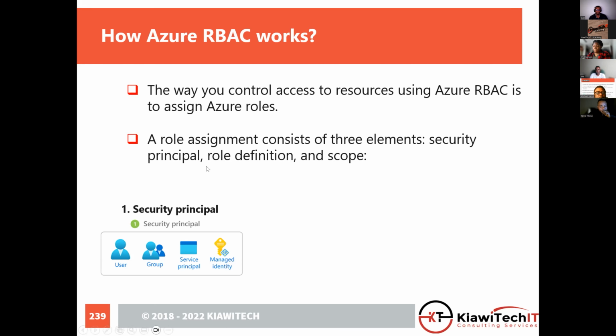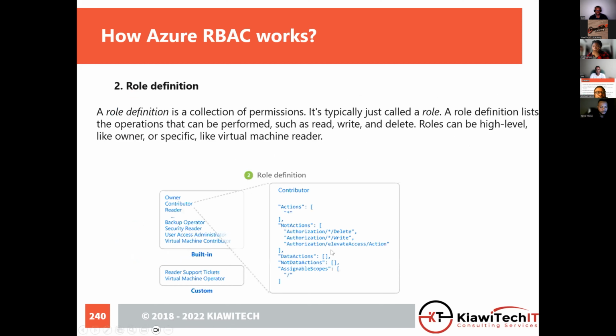So the role definition defines what you can do once you log into Azure. And the scope tells me how granular is your permission. How far can I go with the permission that I've been given or that I've been granted? That's what the scope is all about. Now a role definition is a collection of permissions, right? It's typically called a role.